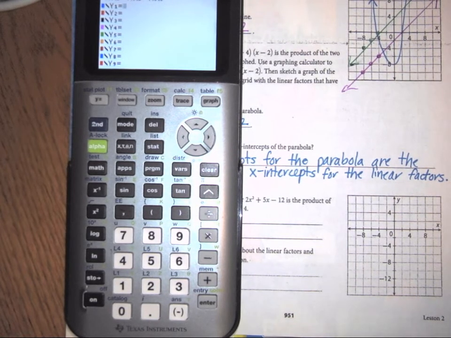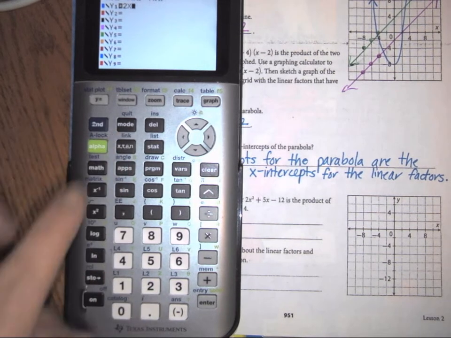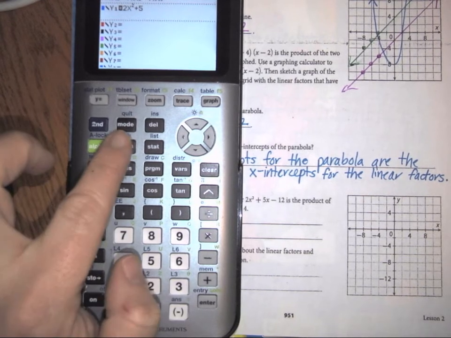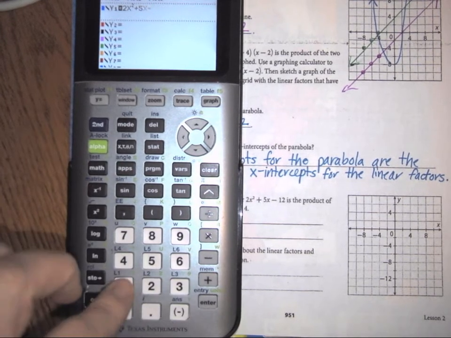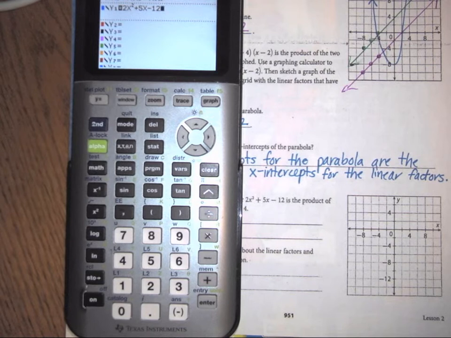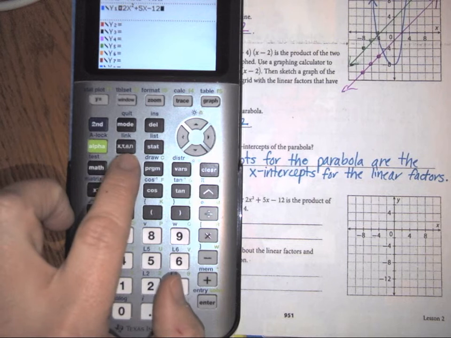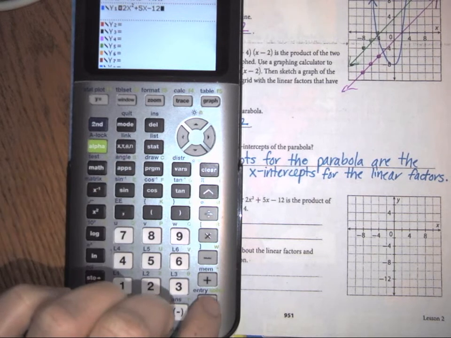we need to put these in the calculator. So 2x squared plus 5x minus 12. Now again, remember, whenever you're putting the x variable in, it's this key here next to the alpha. Then hit enter.